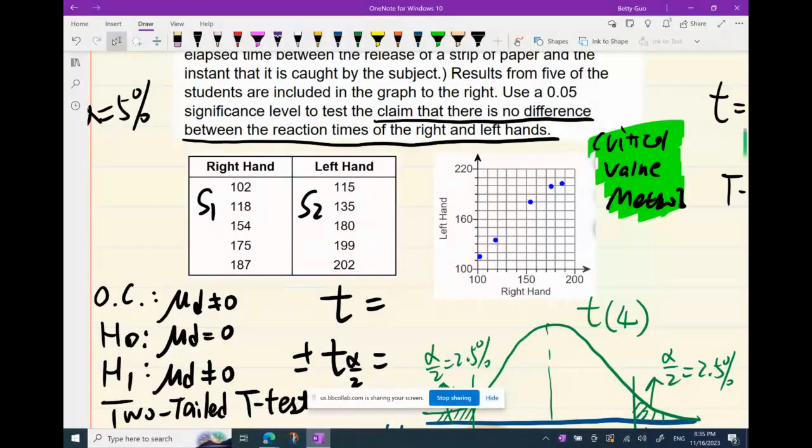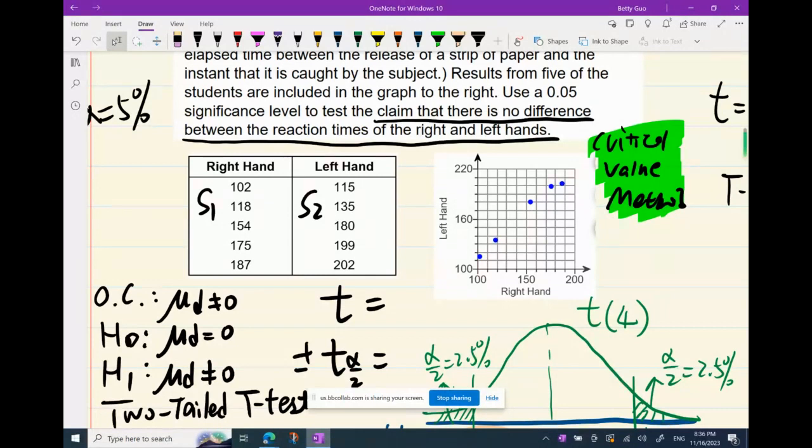I have 102, 118, 154, 175, 187, and in L sub 2 I'm going to store the left-hand reaction time, in thousandths of a second.